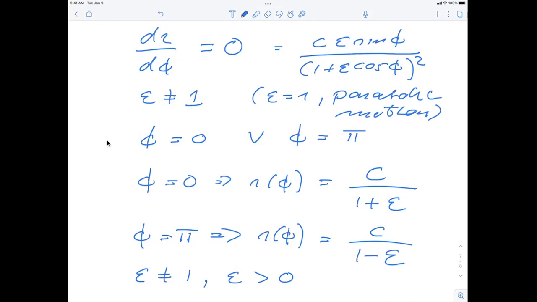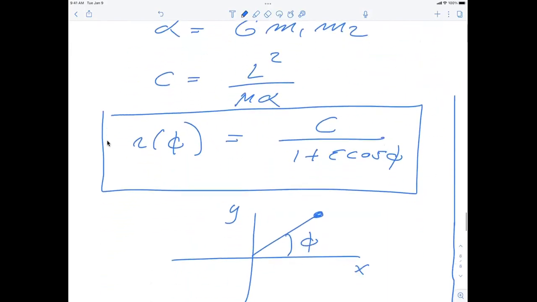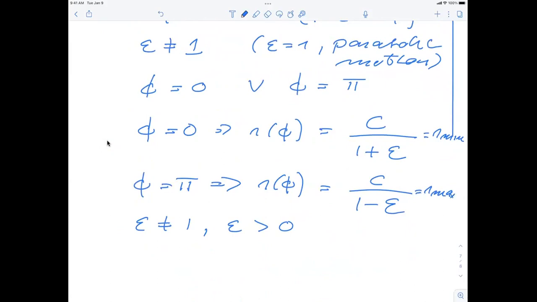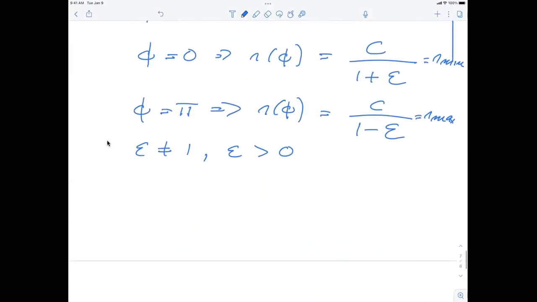So if we now look at a possible plot which we could make, the system which we are going to end up with, we are going to call this R min, and this is going to be R max. When we took the derivative and required that to be 0, we didn't know whether we would get a minimum or maximum.